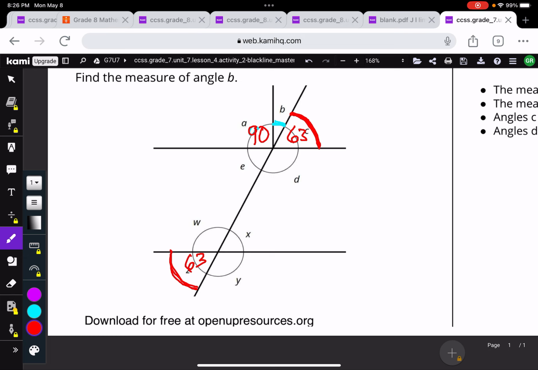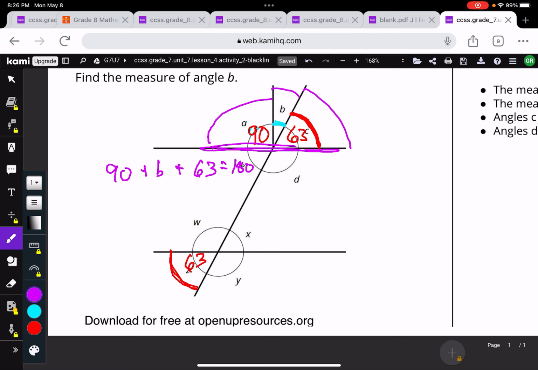And we've got enough information now to figure out the rest, because if you look right here, I've got a straight line. And I know that 90 plus something equals 180. Well, I shouldn't say something, that's 63. So 90 plus B plus 63 equals 180.